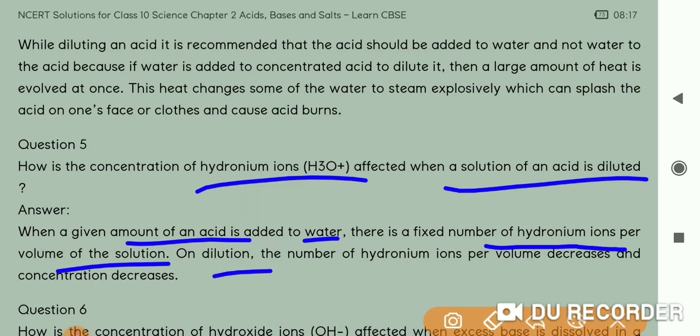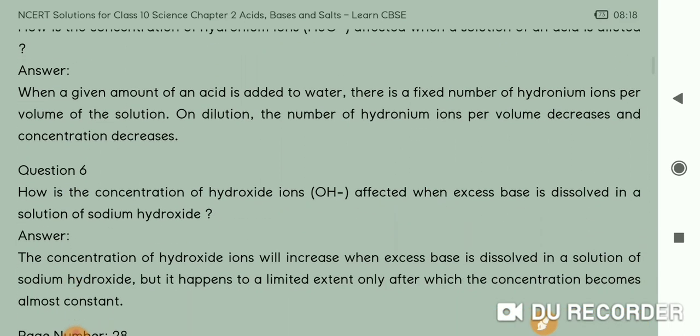On dilution, see, if you take a given quantity of acid, this acid has some fixed number of H plus ions, but if you add water, as compared to the entire solution, the amount of H plus ions is now decreased. So on dilution, the H3O plus ions decrease, the number of hydronium ions per volume decreases and the concentration also decreases, so it becomes dilute.